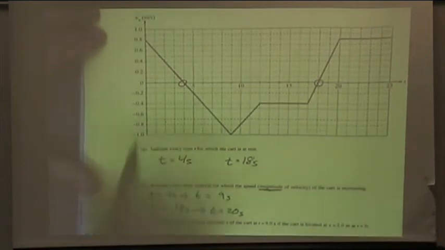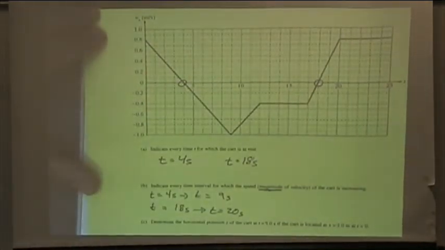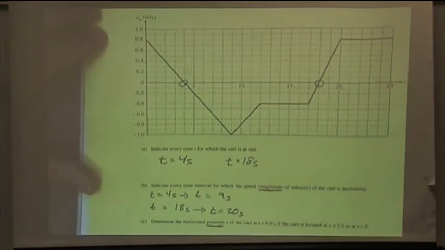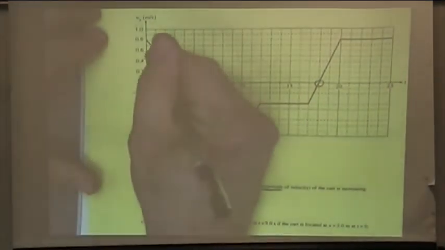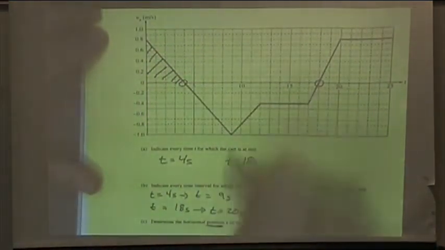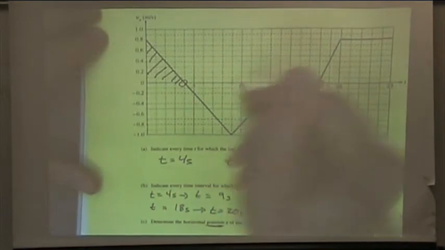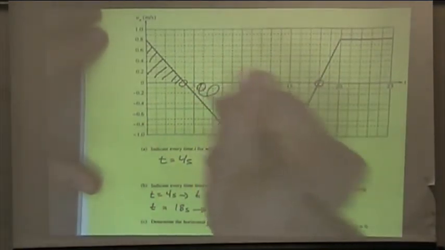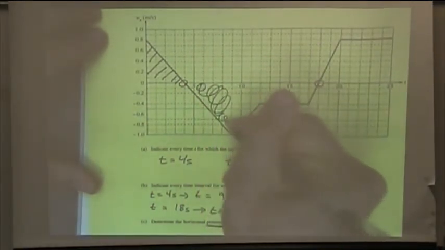Well, again, we've got to make sure that we interpret this velocity graph correctly. Remember that since we're dealing with position and we've got a velocity graph here, we want to look at the area underneath the graph. We've got some area right here, and then we've got some area right there.